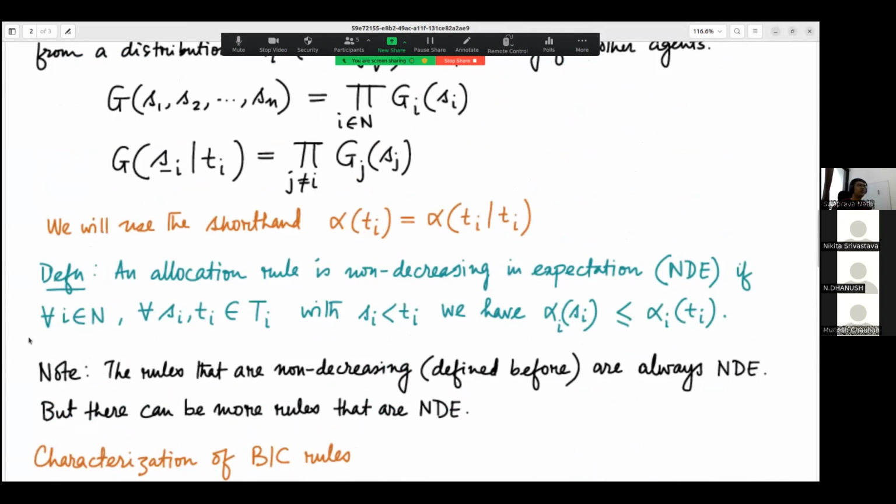To negate this, you need just one agent who violates the condition. As soon as you find one player whose condition is violated, you can conclude that it is not non-decreasing in expectation, or not non-decreasing. You don't really need to check all players.